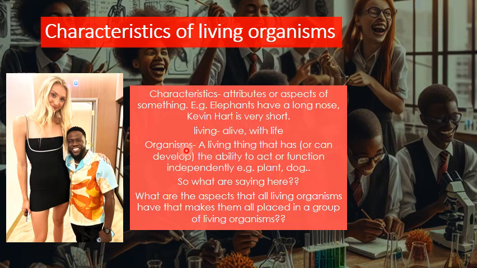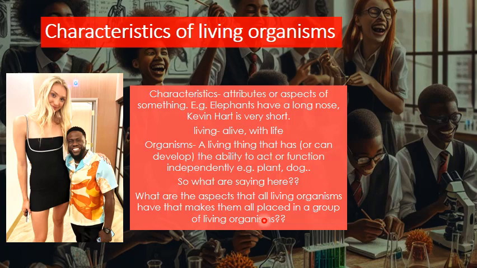Organisms means a living thing that has or can develop the ability to act or function independently. For example, a plant, a dog. It's a living organism. A human being can function independently. A plant is able to do all the processes that it does on its own.